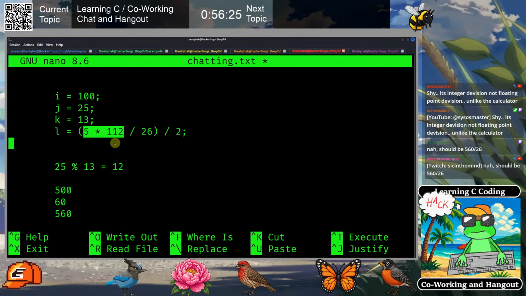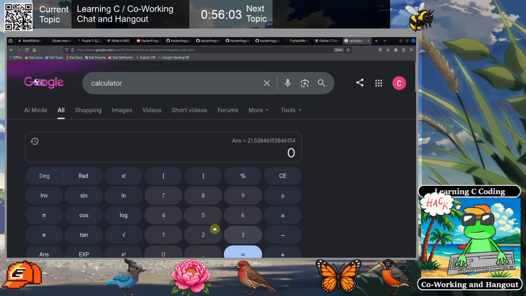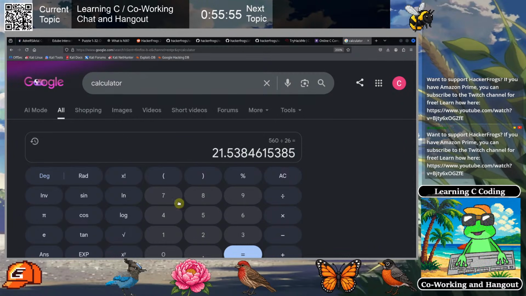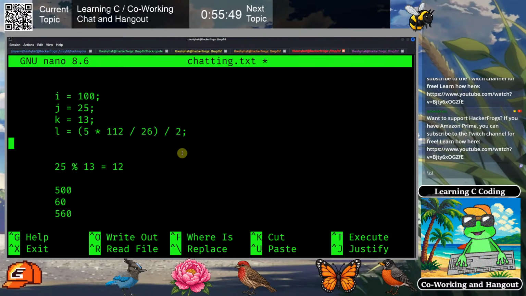So this multiplication happens first. So 560 divided by 26. But that's not even, is it? Wait, because we did the 560. And this looks weird.